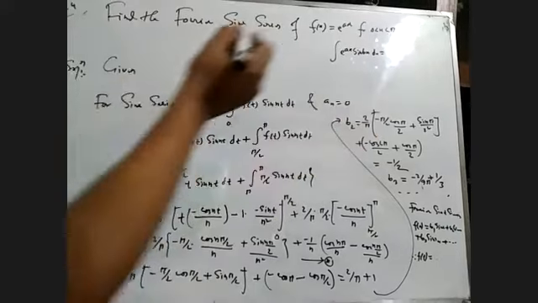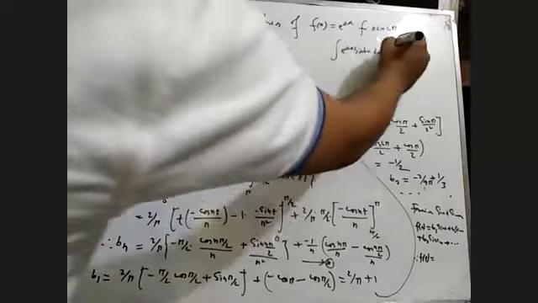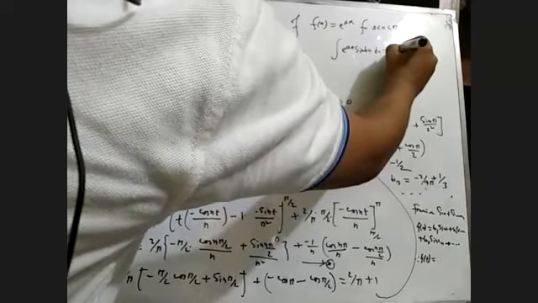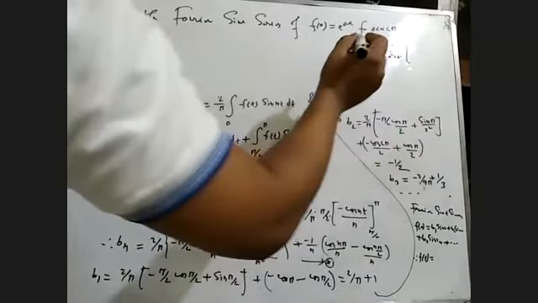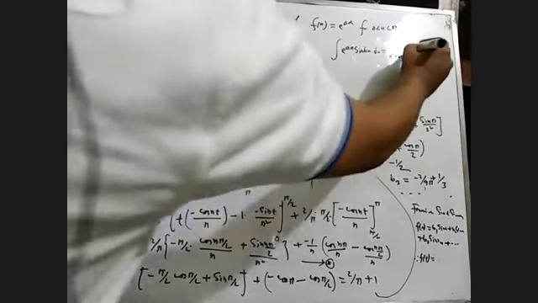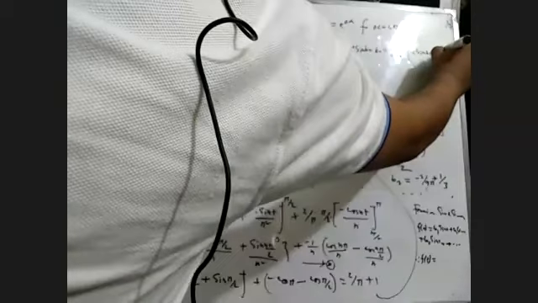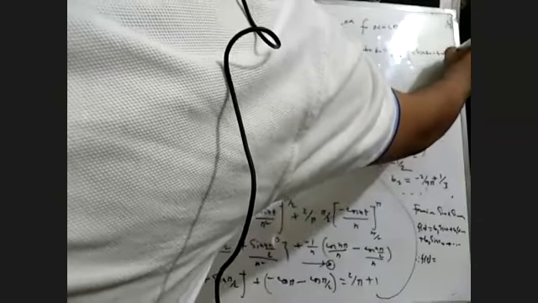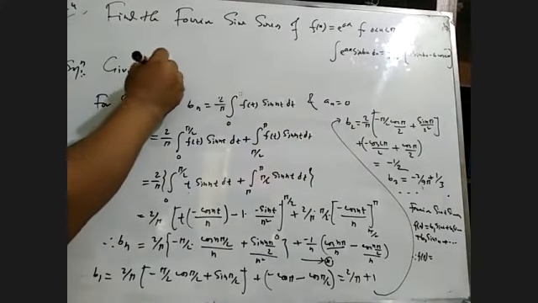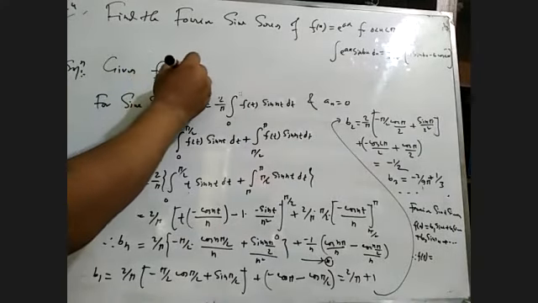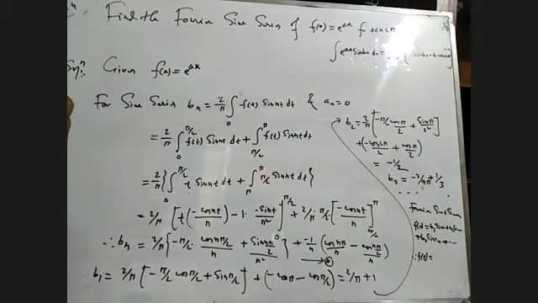This is the formula for finding this indefinite integral: e to the power x divided by a square plus b square, times a sin bx minus b cos bx. We have to remember this formula. Now the given function is e to the power x.